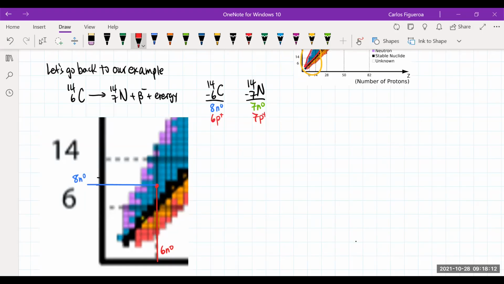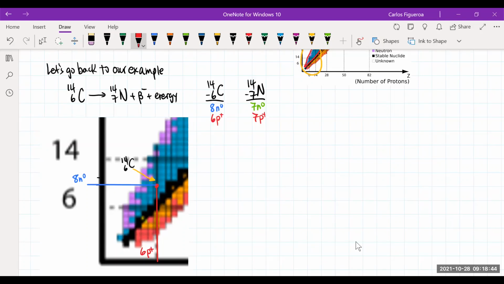So what we're seeing here is that this represents carbon 14,6. Okay, now what happens? It beta decays. And as it beta decays, it goes to 7 here. Oh, look at that. I wrote 6 neutrons. It should be 6 protons.